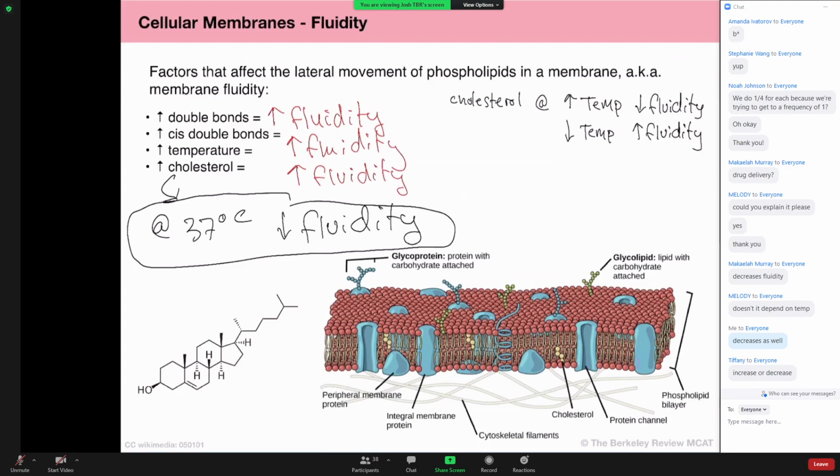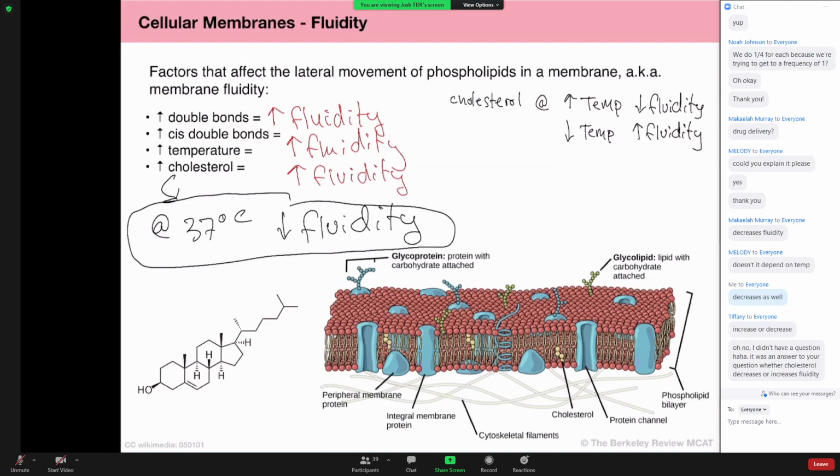And why is this so important? Why do we care about fluidity? That's because you need your membrane to be fluid enough so that new membrane proteins can be inserted into the bilayer. It also needs to be fluid enough that if you have, maybe, a liposome coming to fuse with the membrane, it can actually do that.